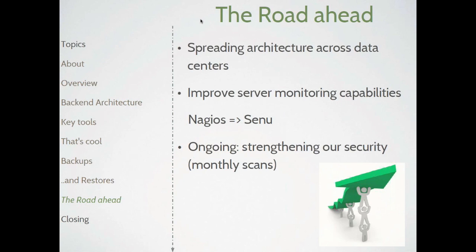Failover capability is really the key word between me and my colleagues, especially in the infrastructure team, because we want to make 100% sure that there's the least outage. So what we want to do ultimately is spread our architecture across data centers.